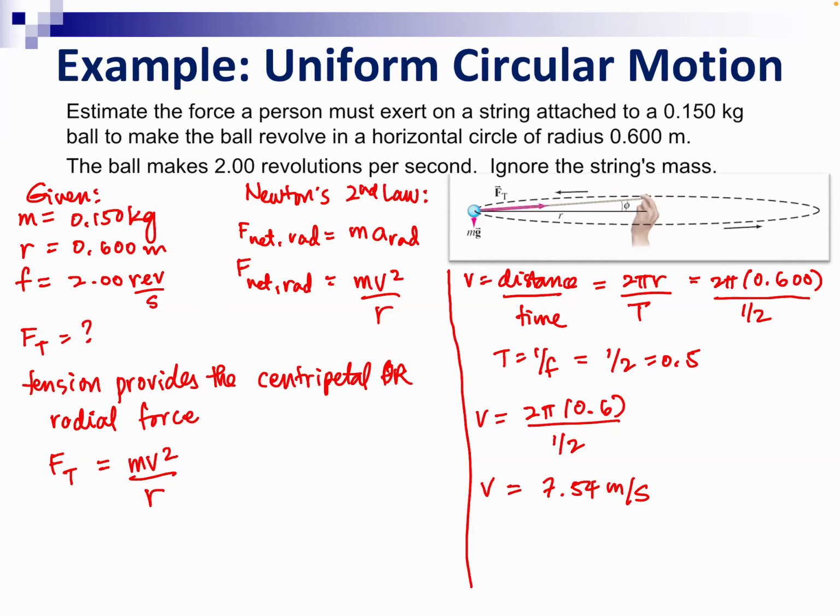How do we get the linear speed from the frequency? What we can see here is that revolutions per second is actually a unit for speed, because it's distance over time. 2 revolutions gives you the distance and seconds give you the time.